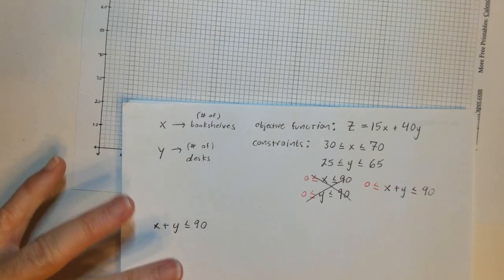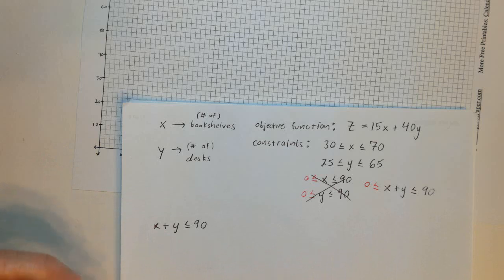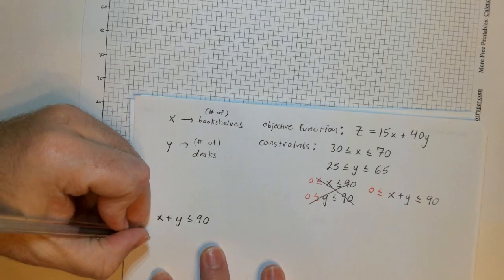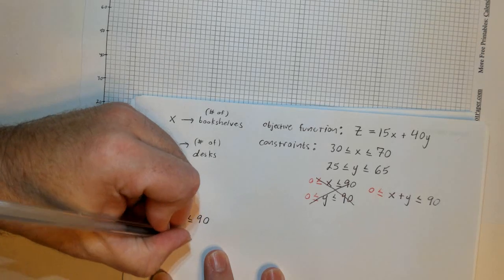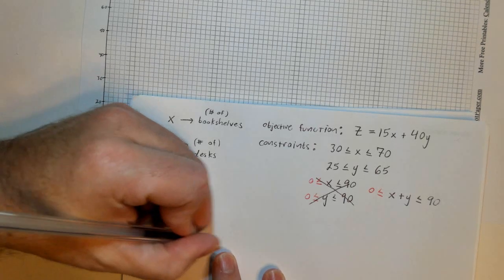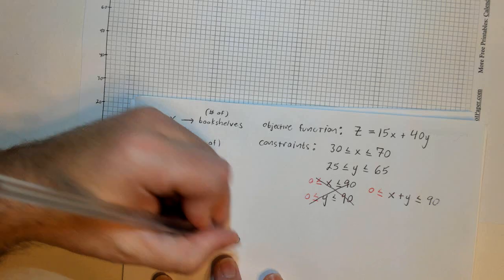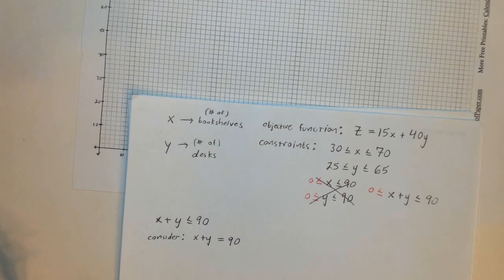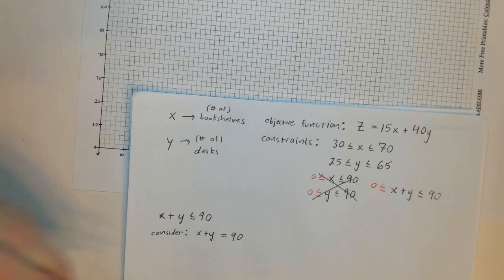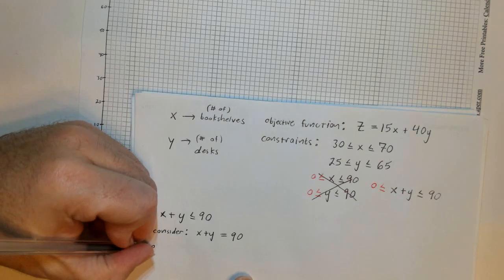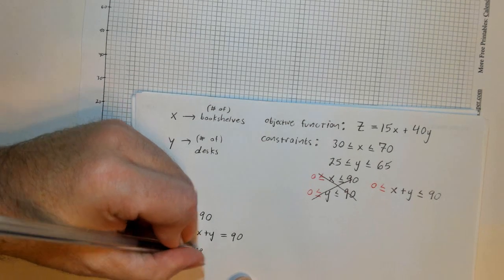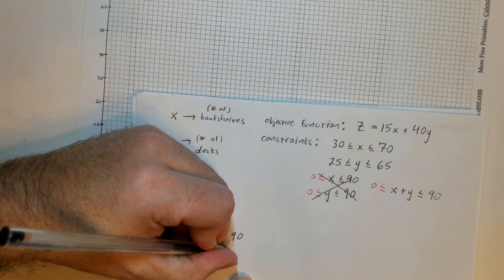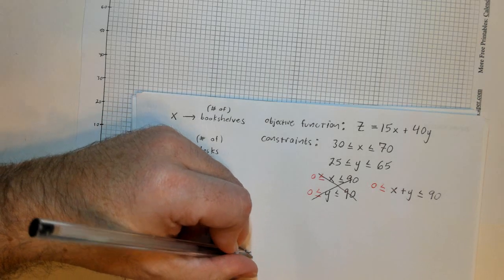All right, so how did we graph inequalities? First thing we thought about is you consider the equation. Consider the equation x plus y is equal to 90. And then my math lab wants us to graph using intercepts.